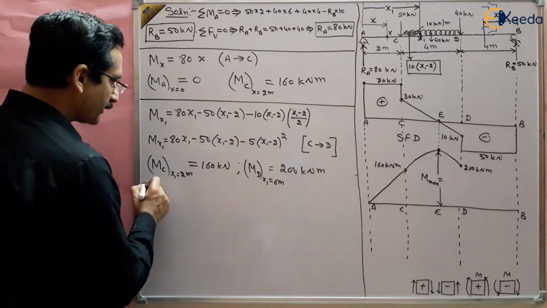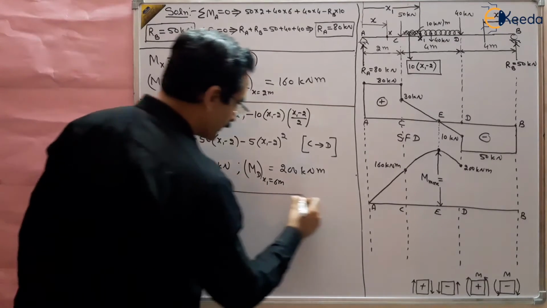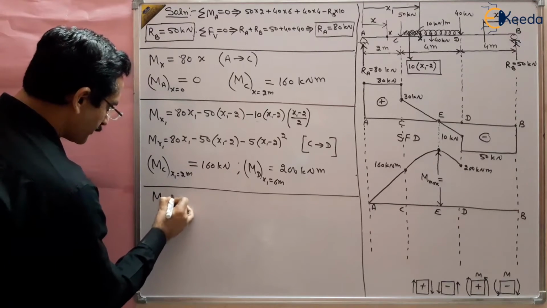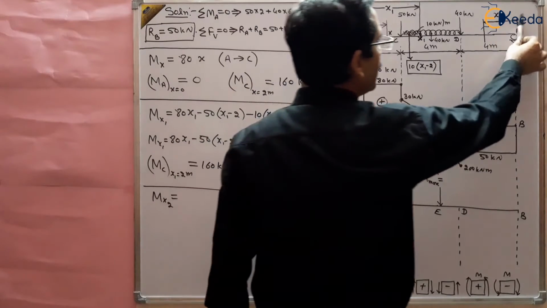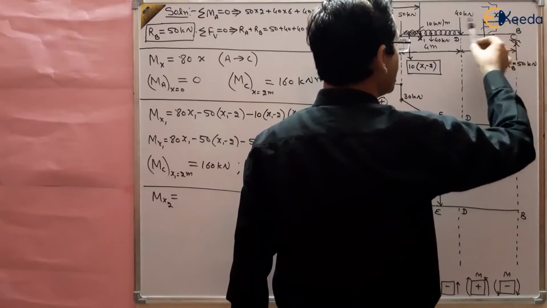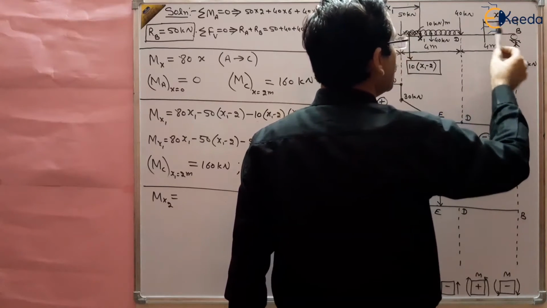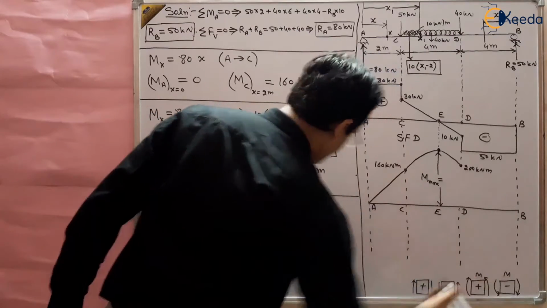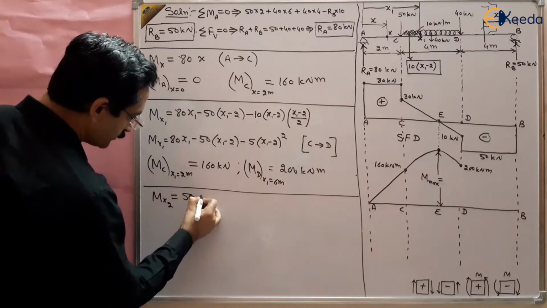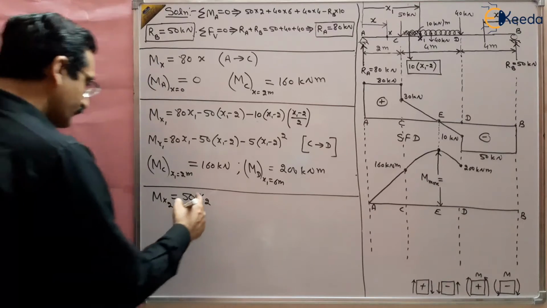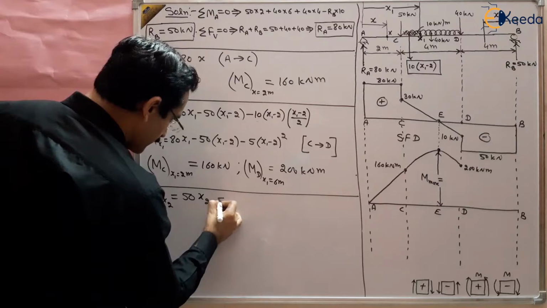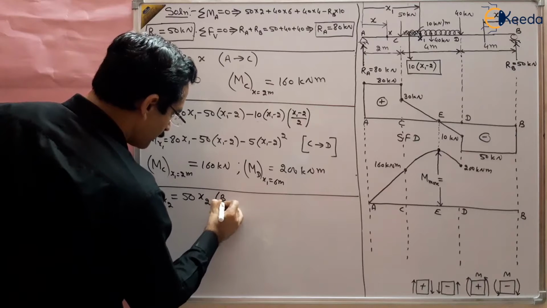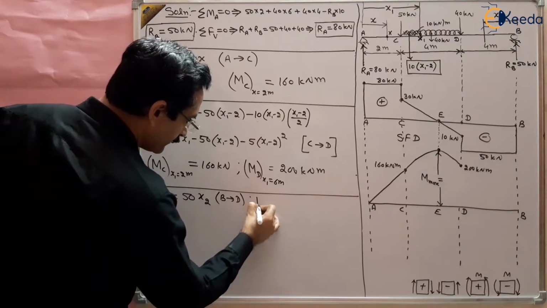Now the third, from D to B. The previous equation was valid from C to D, now from D to B. So Mx2. We have taken Mx2 from this side, from B. You can take it from anywhere; we are taking it from the right section. So Mx2 will be equal to the moment of 50, which is positive again, so it is 50 x2, and this will be valid from B to D. So what is the value at B?